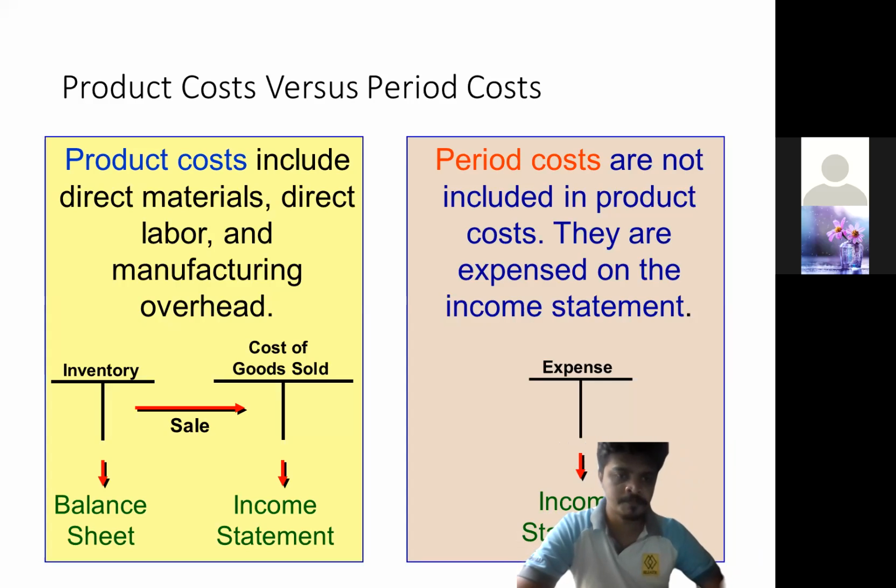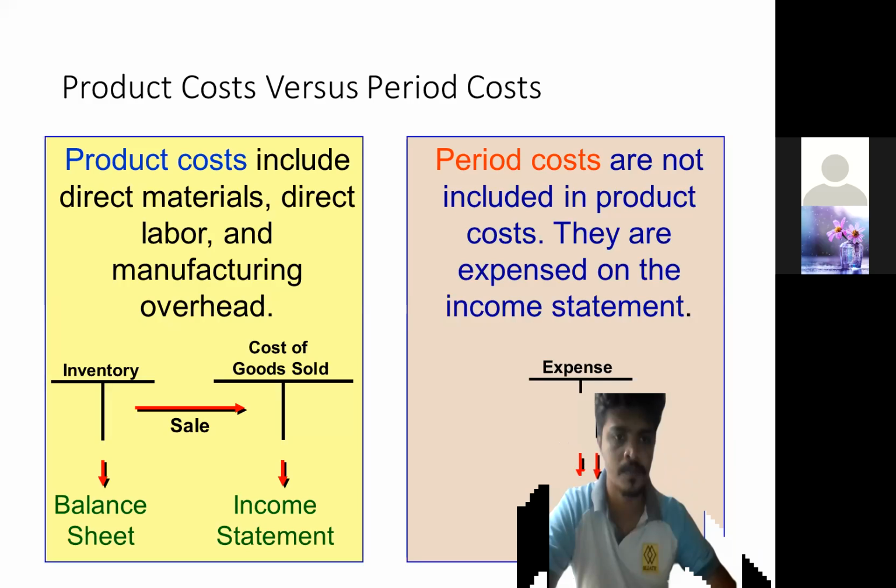When calculating the profit, you may be aware, first of all through the manufacturing account we identify the value of the product, that means the cost of a product.